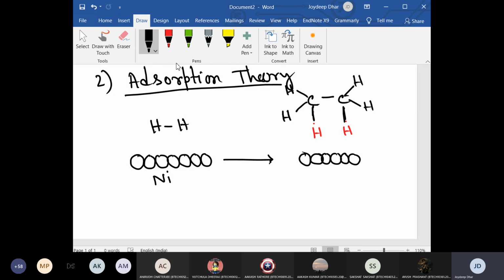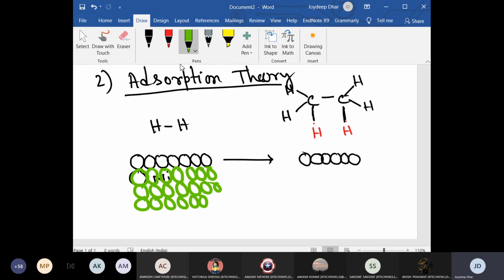Adsorption means it is a surface phenomenon where the weak interaction will take place at the surface, not the bulk of the metal, because other nickel atoms present in the bulk, below the surface, will not participate. Okay, so what atoms of nickel will participate?